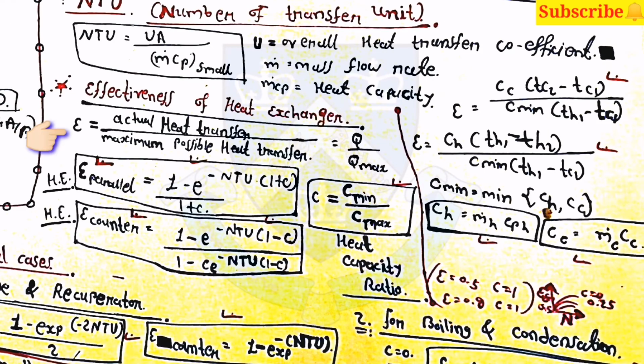The effectiveness of heat transfer for the parallel flow, epsilon parallel, is equal to 1 minus e raised to minus NTU into 1 plus C, divided by 1 plus C. Then epsilon counter is equal to 1 minus e raised to minus NTU into 1 minus C, divided by 1 minus C into e raised to minus NTU into 1 minus C.